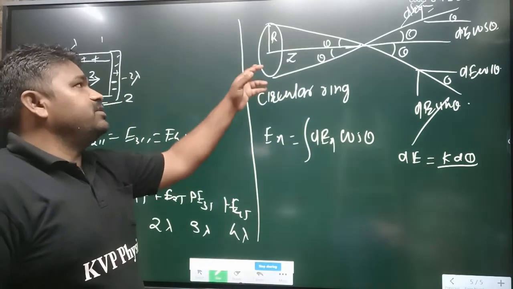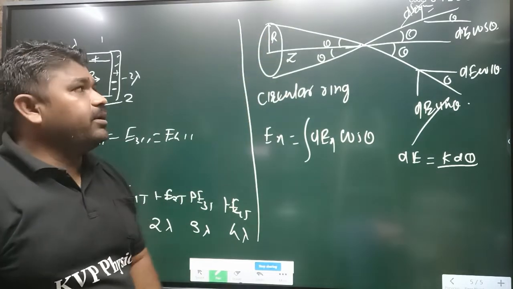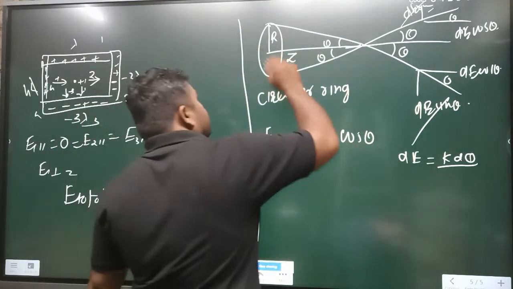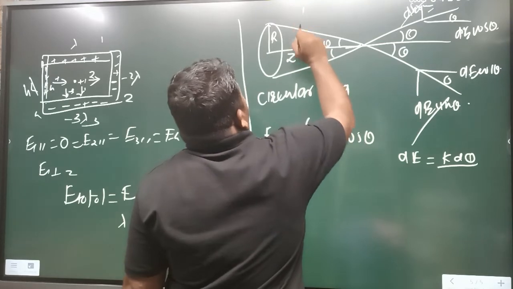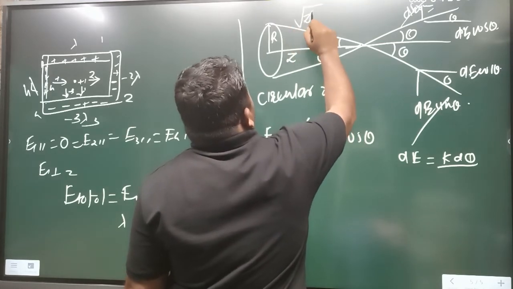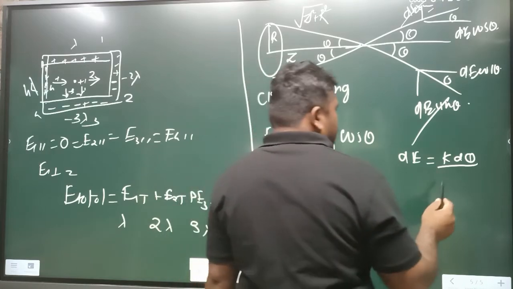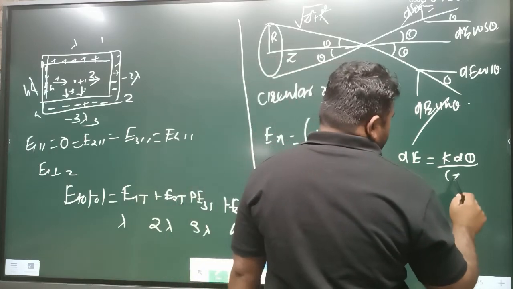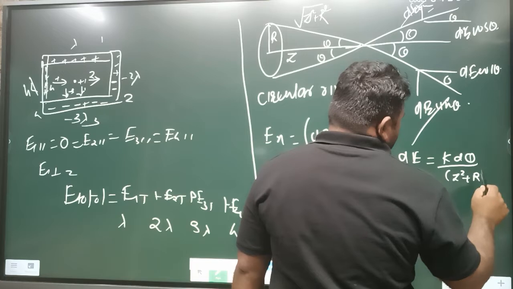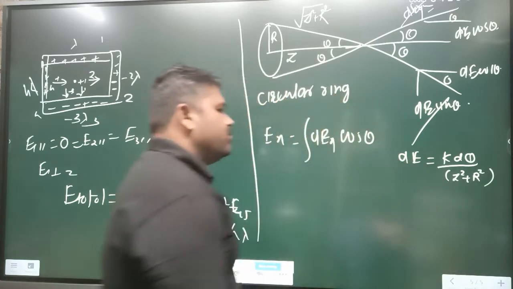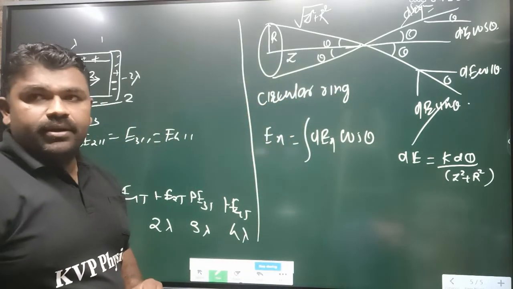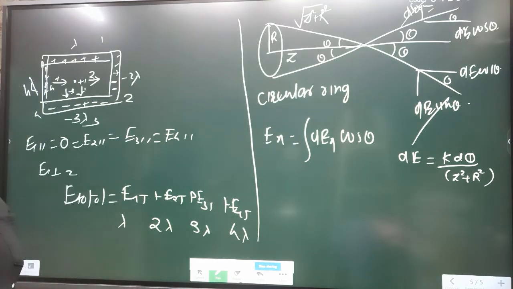Here a ring to that point. This is z, this distance is r. Then this is simply z square plus r square. Yes or no? The square root gets cancelled. This is the value of dE.